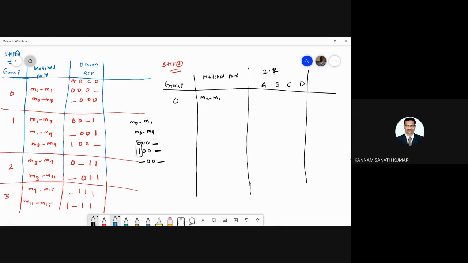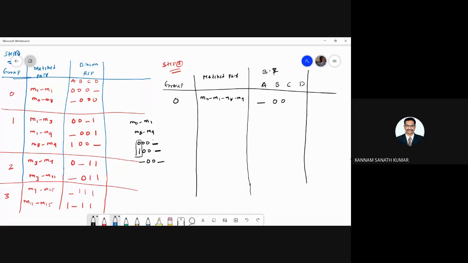That means in group 0 you will get M0, M1. You have to see each and every pair. We are getting -00-. Similarly, M0, and next M8, M9. This is over, make the tick mark.